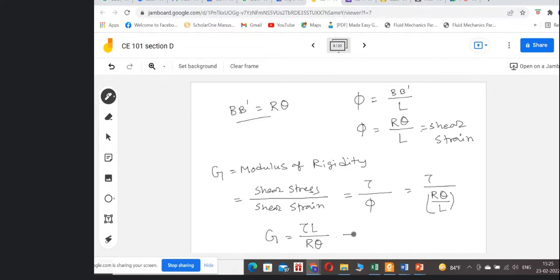This can be modified in this sense: G theta by L is equal to tau by r.